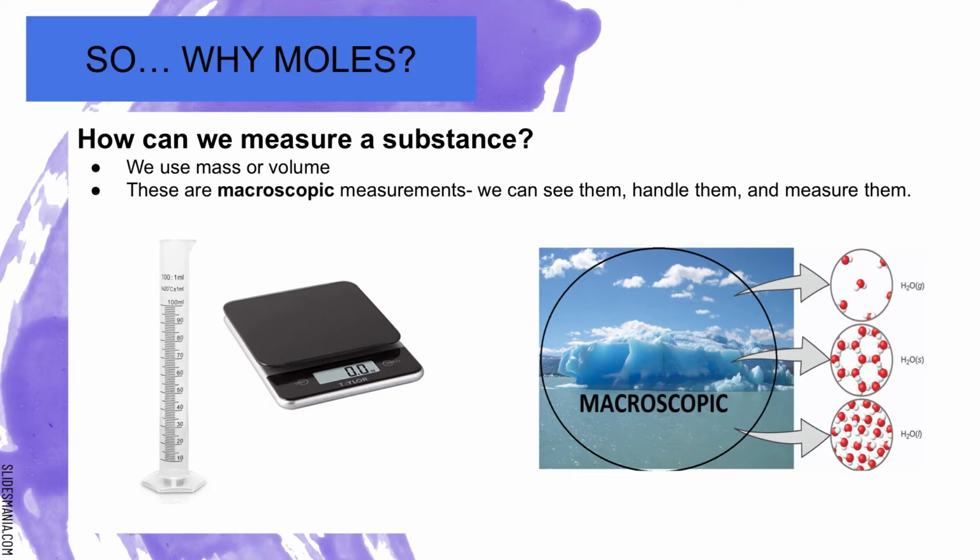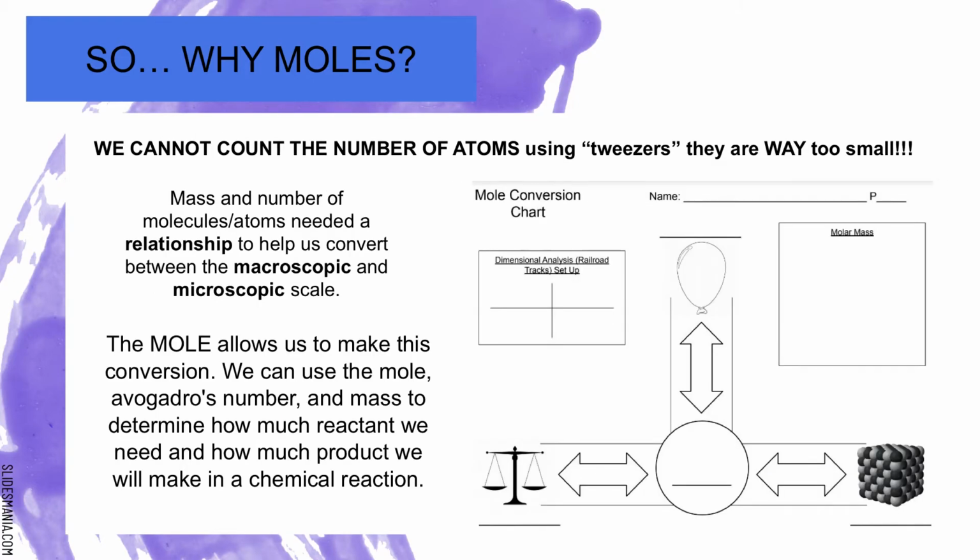There are no balances to measure a mole. There are no graduated cylinders to measure a mole. So we need something macroscopic that we can relate it to. We can't count the number of atoms using tweezers, picking them out. They're too small. Mass and number of molecules or atoms need to have a relationship to help convert between the macroscopic and the microscopic world.